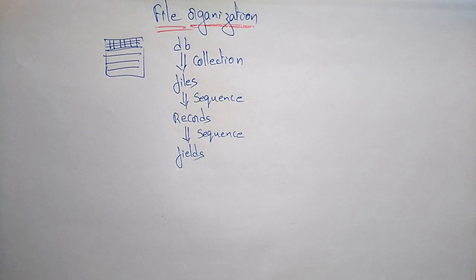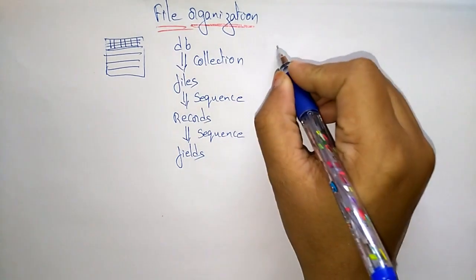So here in a database, the file can be stored in different methods. Whatever file you take is a sequence of records. Each file in the database can be stored in different methods. Let us take that in the database the files are stored sequentially.